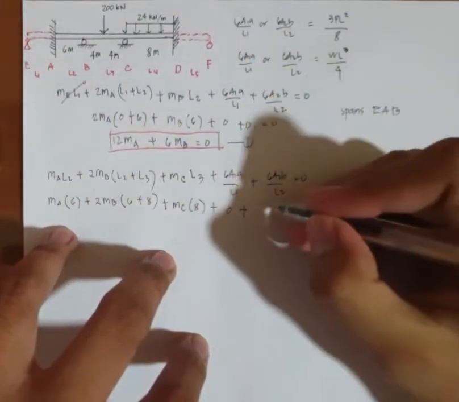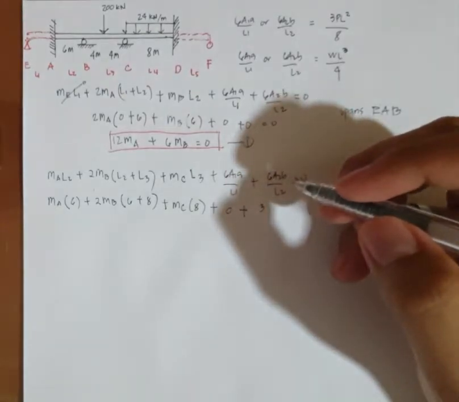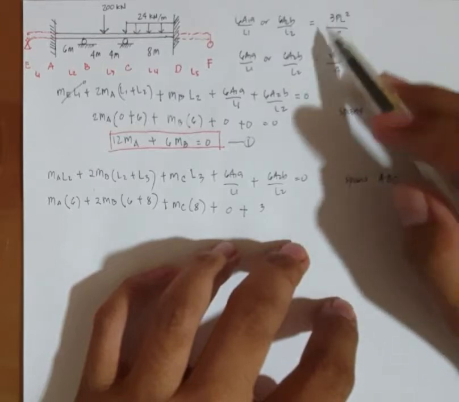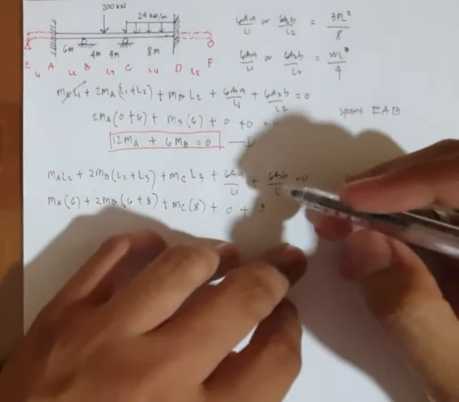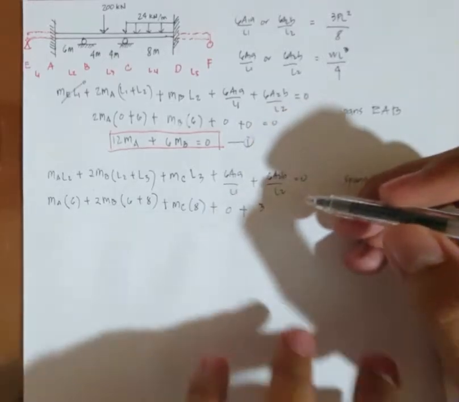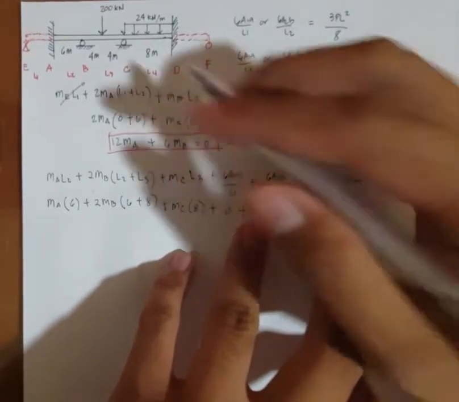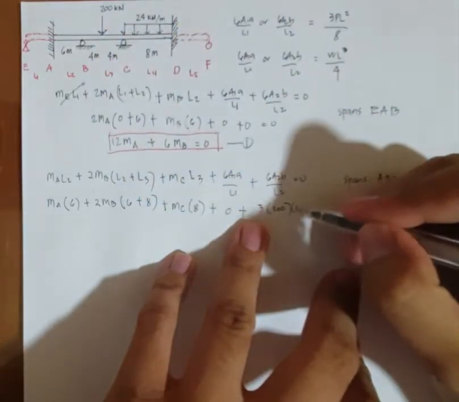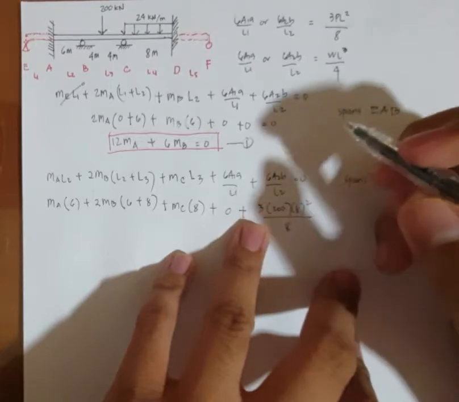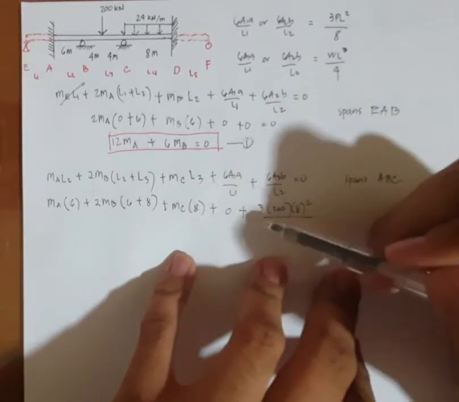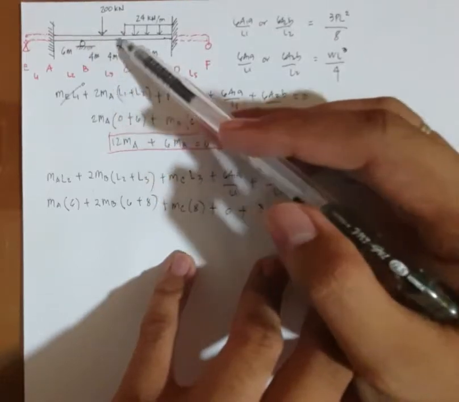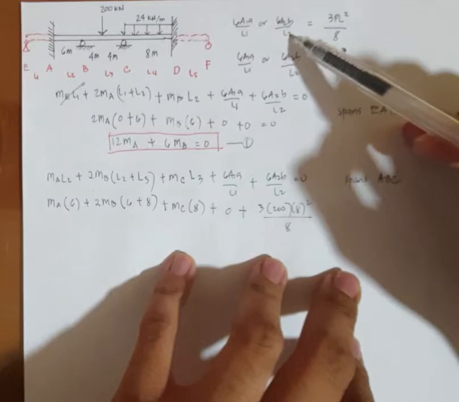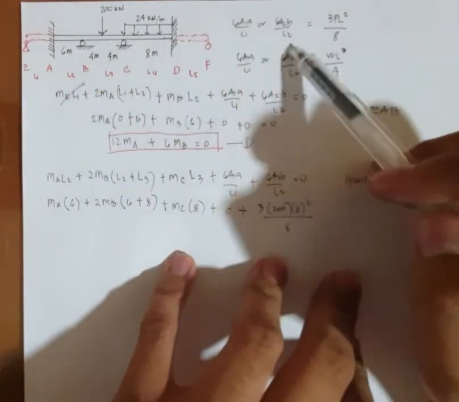Okay, so since we are already using the formula, you can derive it if you want to prove it. So 3P, P is 200, L squared, that is 8 squared over L, I mean L3. This L2 is the second one, not this L2.